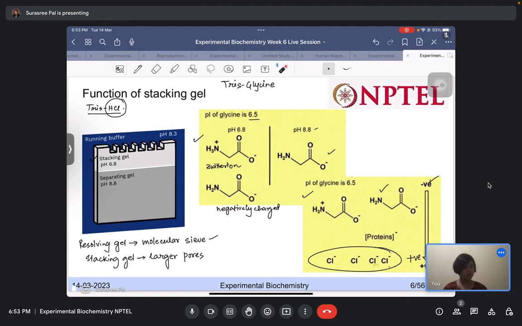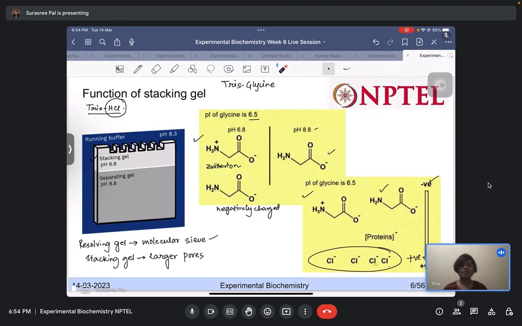So between the chloride ions and the glycine, there are proteins. So we can see that it almost forms a line. At the bottom there are chloride ions, and at the top there are glycine ions, and the protein samples are sandwiched between them.